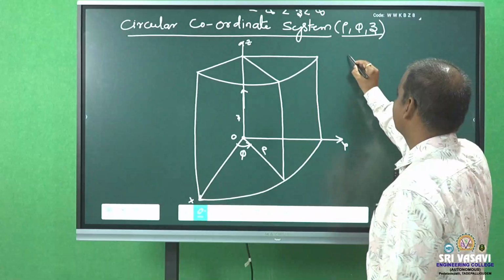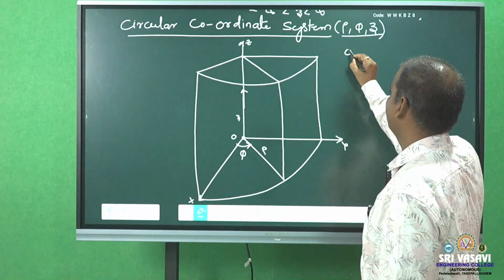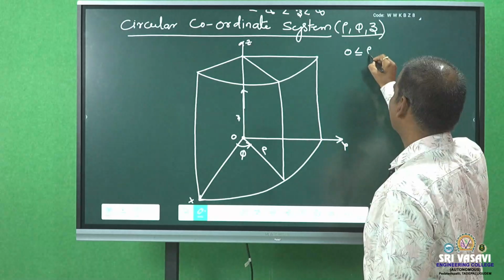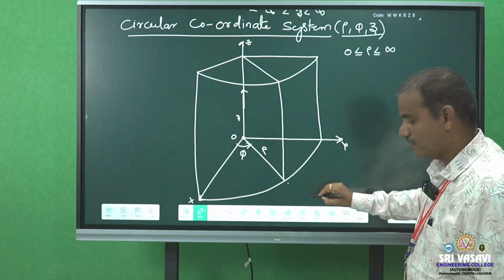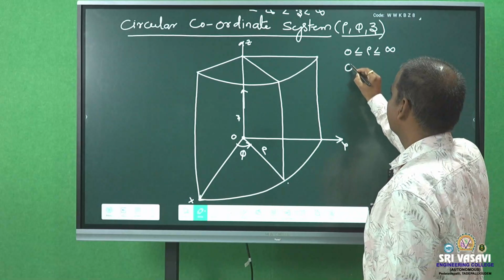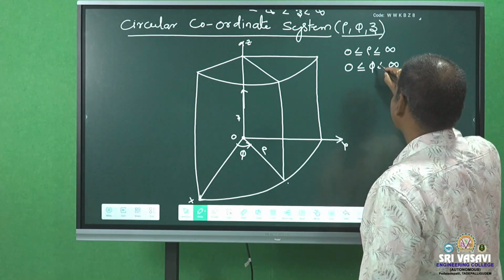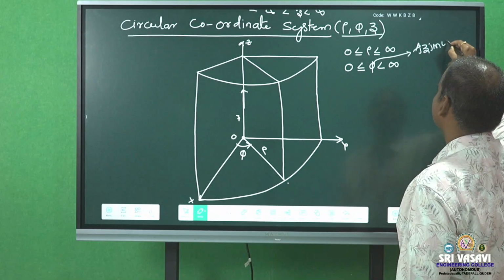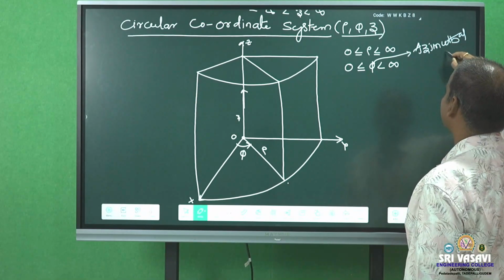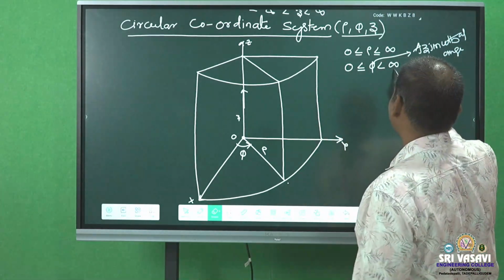We have the ranges. The range of rho starts from 0, so 0 less than or equal to rho less than or equal to infinite, because it goes towards infinity. Similarly phi, 0 less than or equal to phi less than or equal to 2 pi. This phi is called the azimuthal angle.